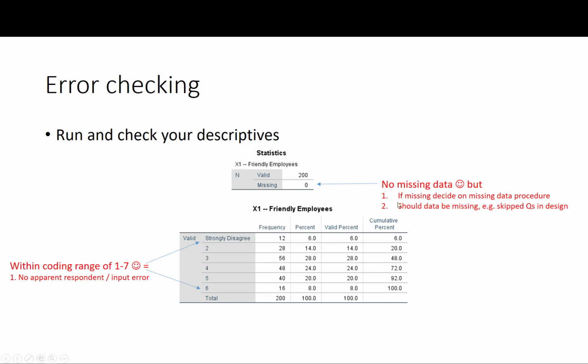The other thing to look at in terms of missing data is, should there actually be missing responses here? If you have skip question logic within your survey design, as in if someone answers yes to a question, they might be skipped 3 questions ahead, meaning that there are 3 questions that yes respondents should be missing for.